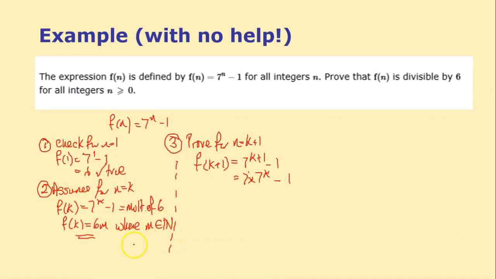And because I've got this f of k equals 6m, it would be really good to get back to that kind of scenario where I can write this as f of k. So here's the trick, I suppose, is let's rewrite this 7 to the n minus 1 down here instead. Well, 7 to the k minus 1.